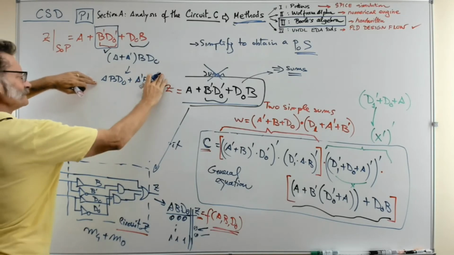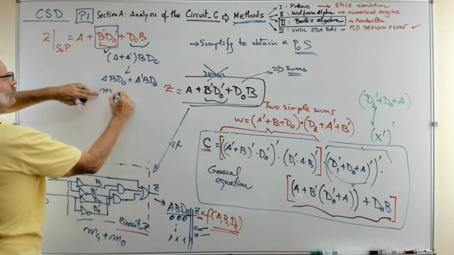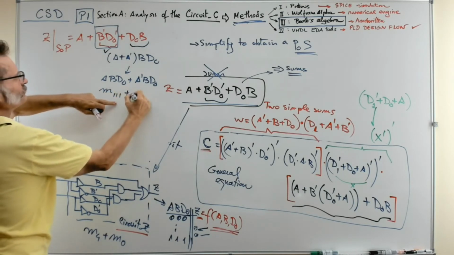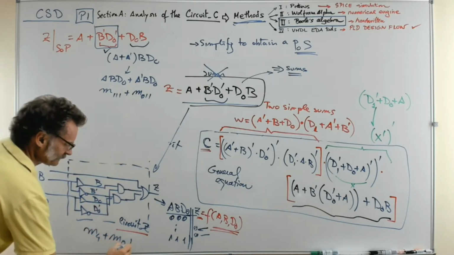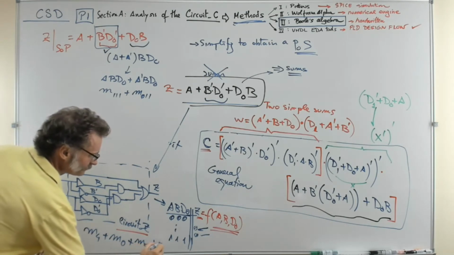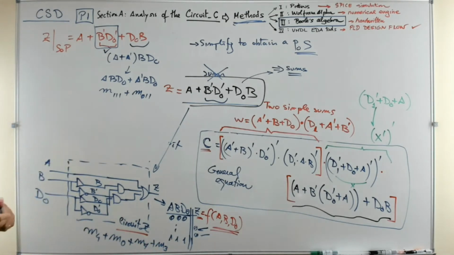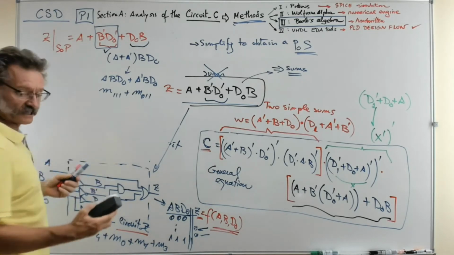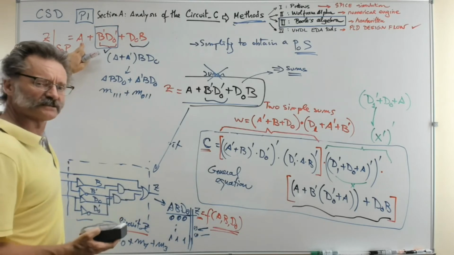Now you have the minterm 1, 1, 1, or the minterm 0, 1, 1. So now you can add two more, the minterm 7 or the minterm 3, right? Now you can finish the problem by trying to find the minterms associated with this literal A.